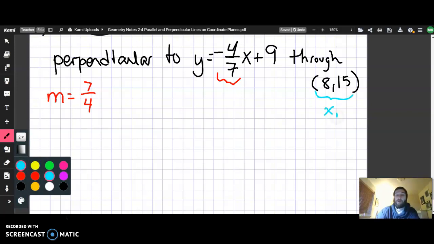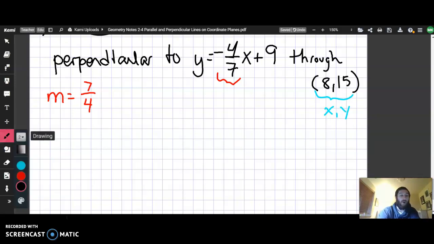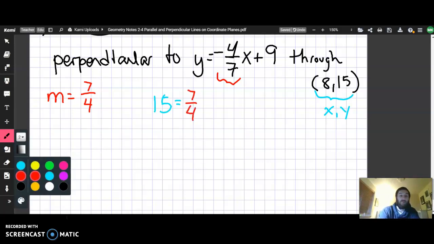Remember, it's x comma y. So we have our y, 15, equal to the 7/4 multiplied by x, which is 8, plus our value of b.